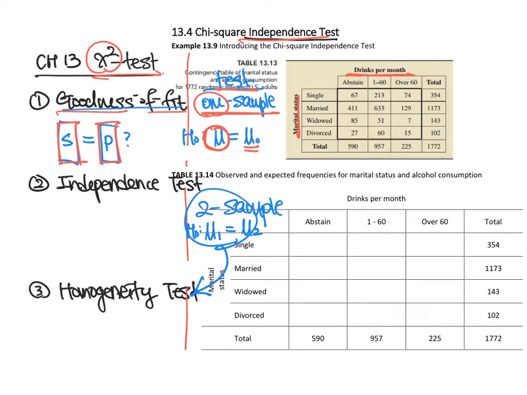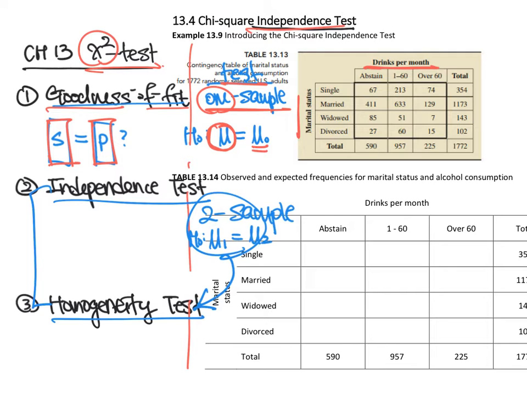The homogeneity test is later, but the independence test and the homogeneity test have the same procedures. The only difference is the data structure, right? Later we are going to discuss the homogeneity test, but they are the same procedures.